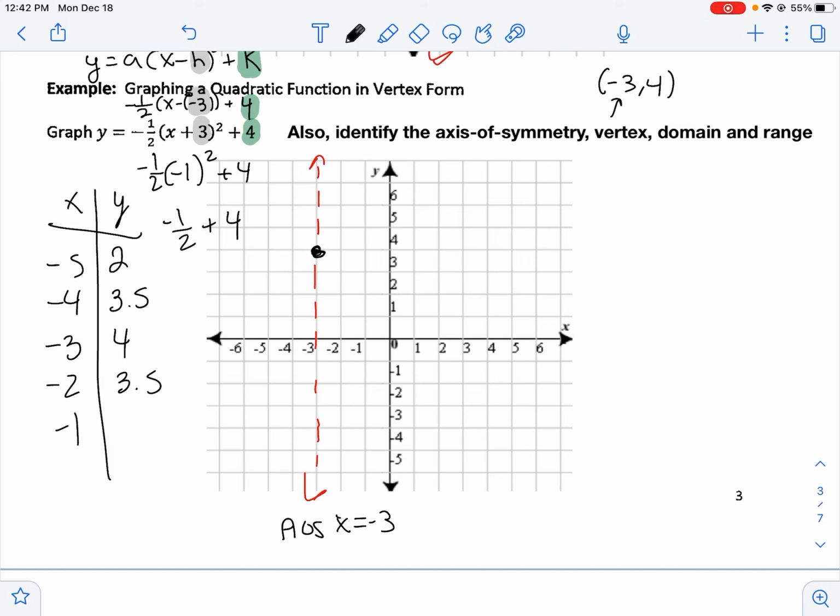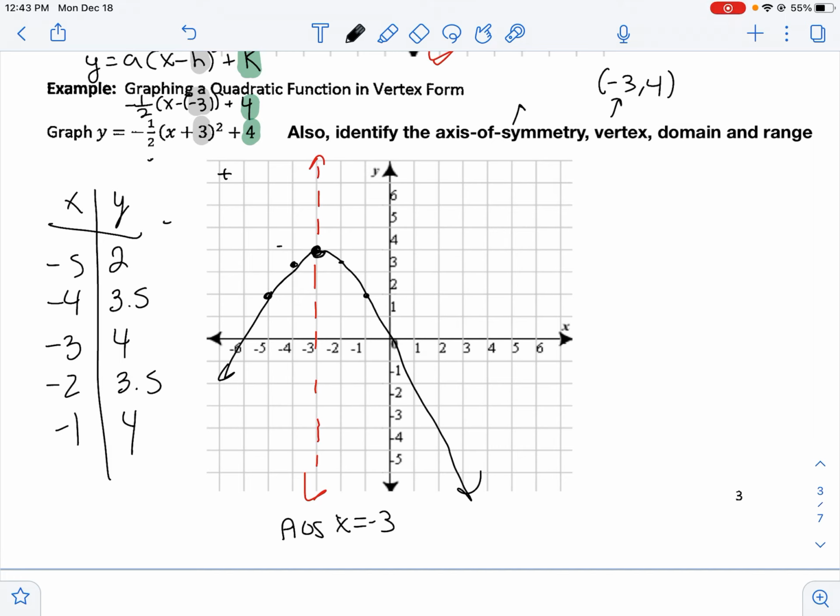So remember, it's going to be symmetric on the other side, so those are going to repeat and be the same. So you got (negative 4, 3.5), (negative 5, 2), so it has to be the same on the other side, right? And then this doesn't open up as much, or it opens down, but it doesn't open as wide because you have the 1/2 in front, and negative means it's pointing down.